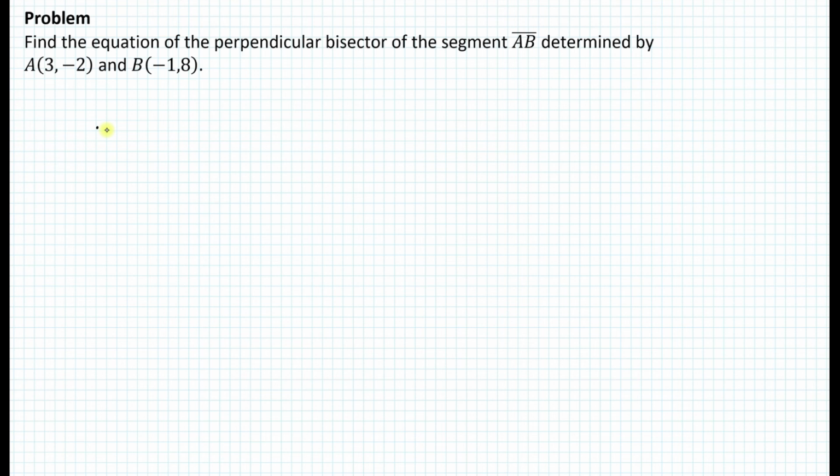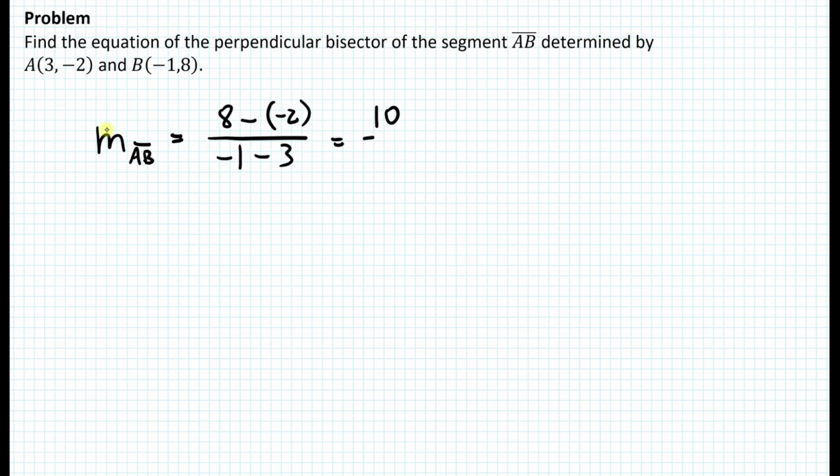First, let's find the slope determined by segment AB, okay? And we learned this already, how to find the slope, okay? So we take the difference between the y values here. So 8 minus -2, and then we're writing -1 minus 3, okay? So that becomes 10 over -4, okay?